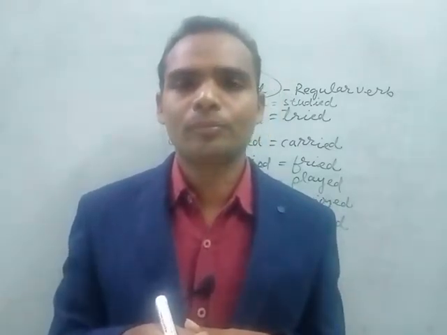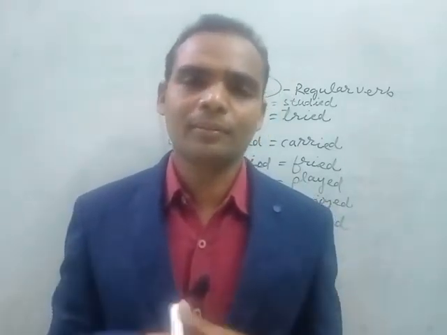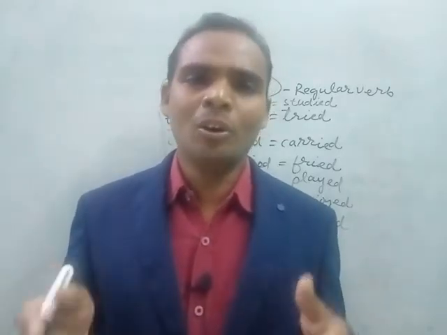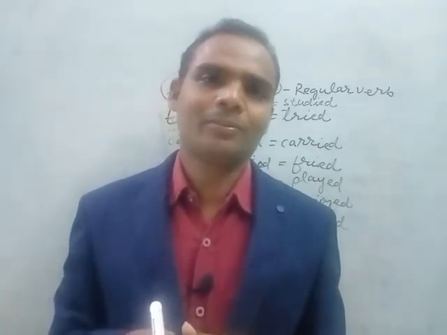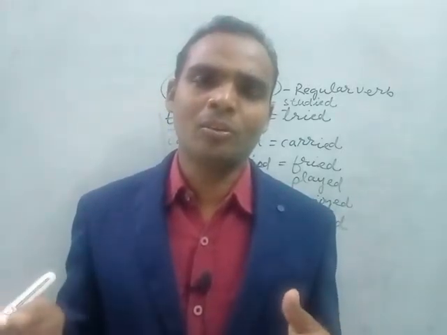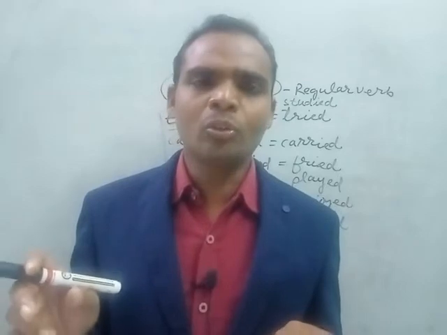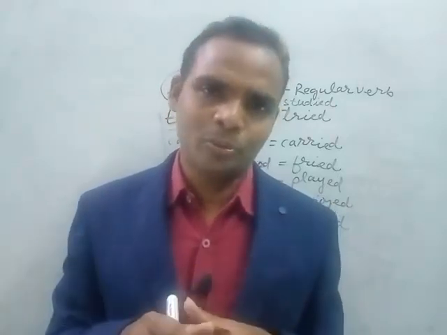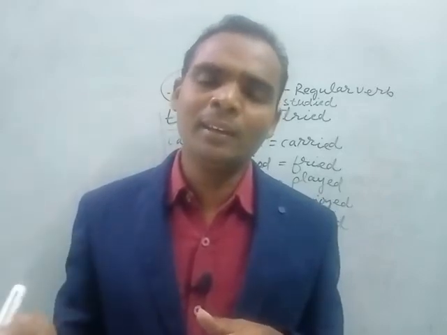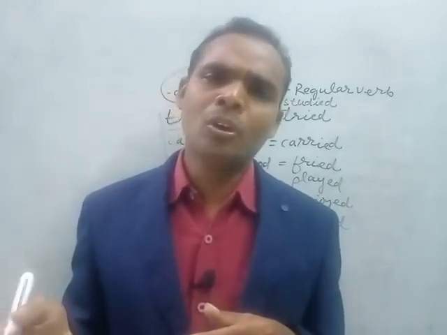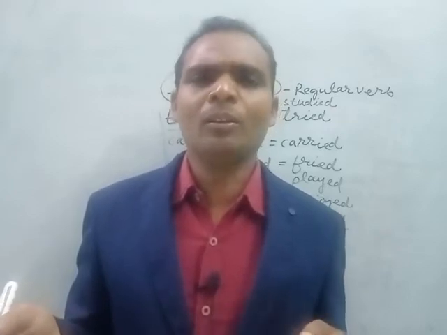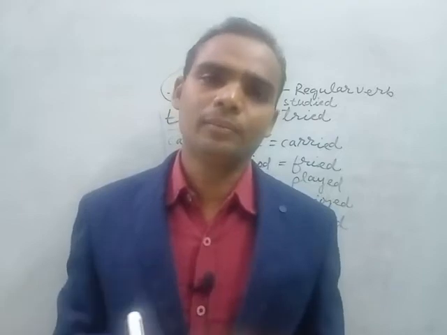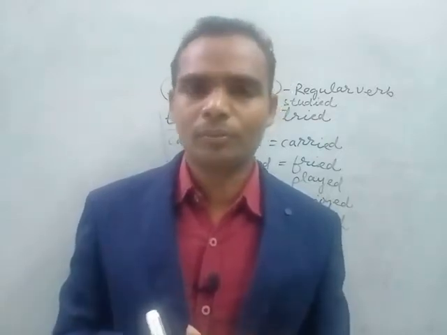Put, read, read, irregular verb. There is no d, ed or ied. Learned: this learn is used as both a regular and an irregular verb. You can add d, ed, learned, and you can also use learnt.